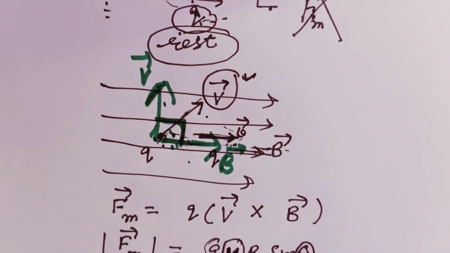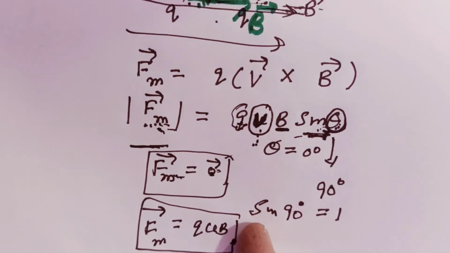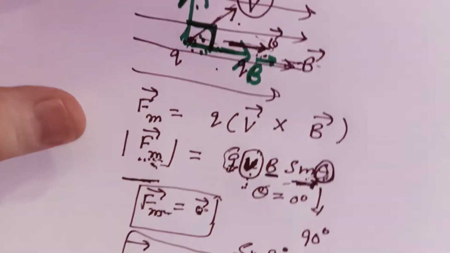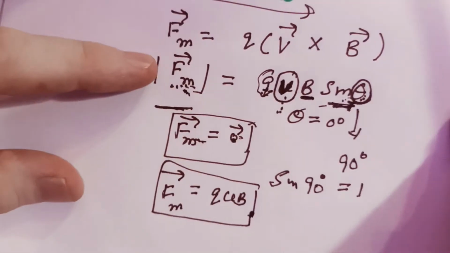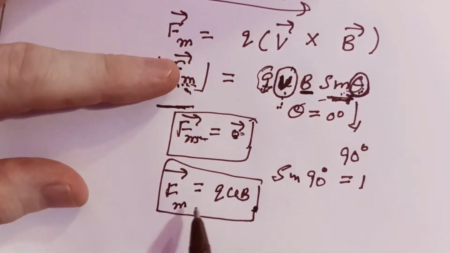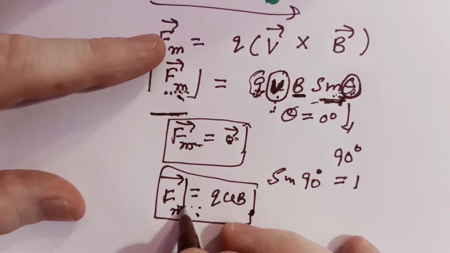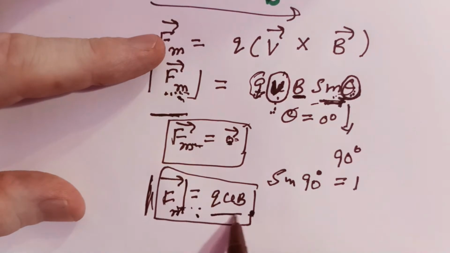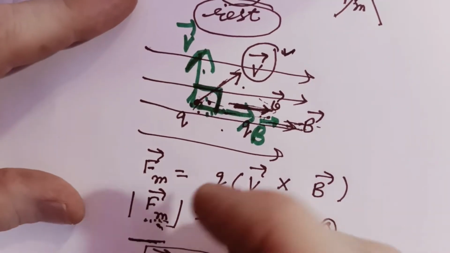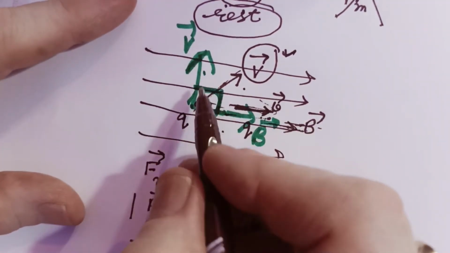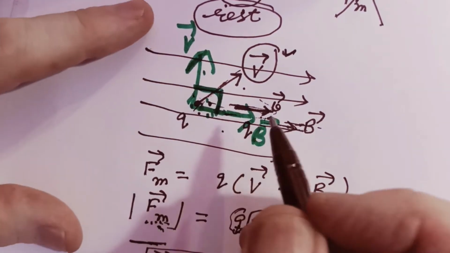So charge particle will experience maximum force in magnitude qvB if the charge particle is moving, you know, perpendicular to the B direction.